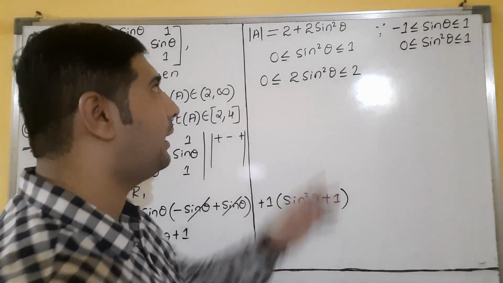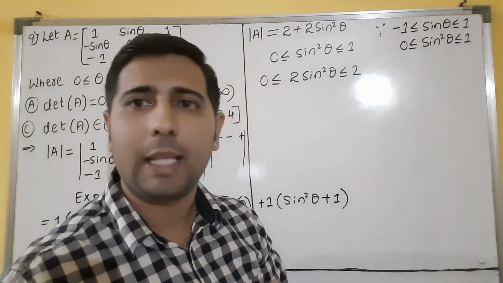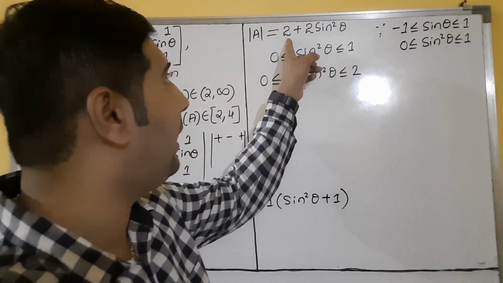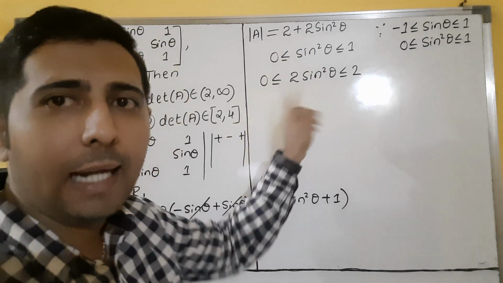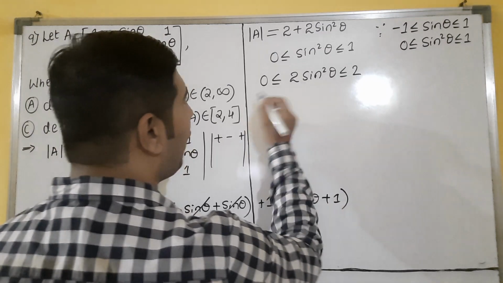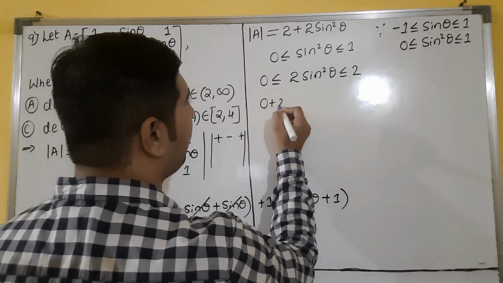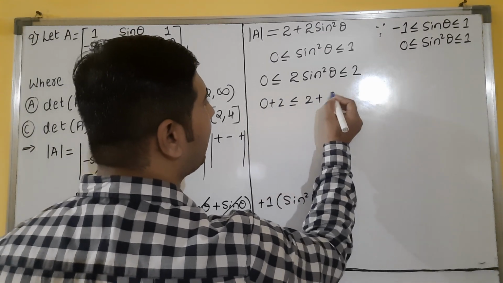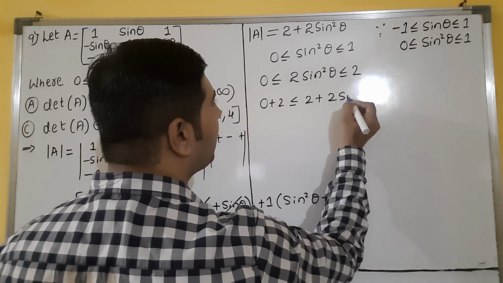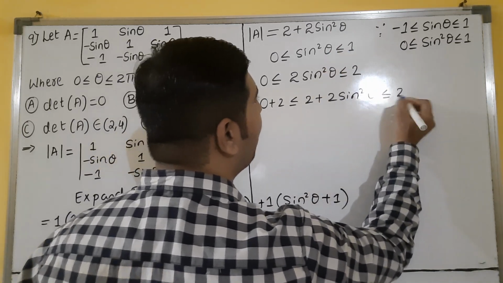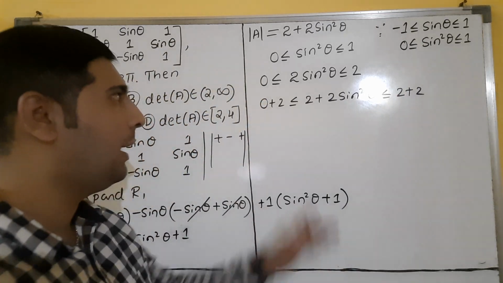So still it is not equal to determinant A. Yes or no? So what is less now? 2 is not there. Plus 2. Add plus 2 to all the sides. 0 plus 2, 2 plus 2 sin square theta, 2 plus 2. Did you understand? I am adding.